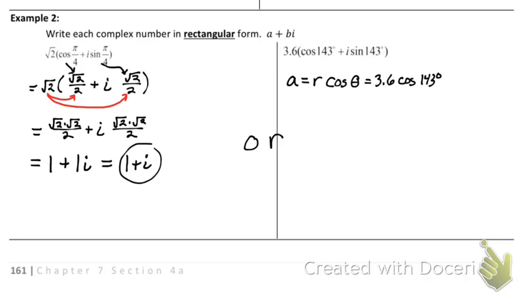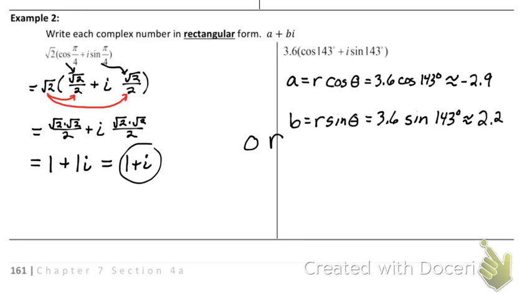And that's just going to go ahead and equal about negative 2.9. Our b value is going to equal r times sine of theta, which in this example is going to be 3.6 times sine of 143 degrees. That turns out to be about 2.2.